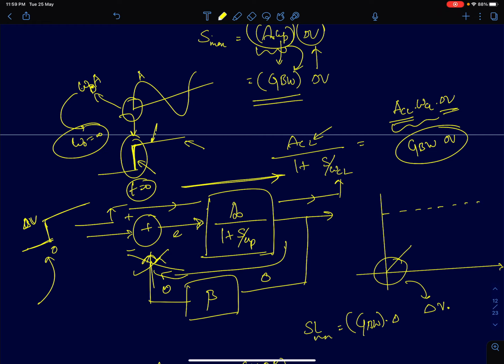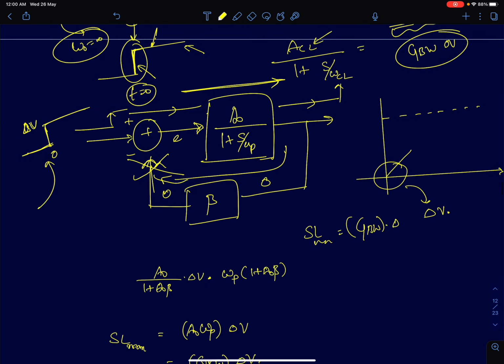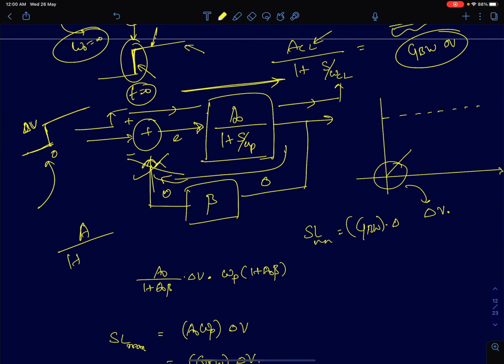So even though there is feedback, it's of no use, because the loop gain A beta is so small that A by 1 plus A beta approximates A of S itself. That's why for sudden inputs, the output of a closed loop, or negative feedback, amplifier will look very similar to an open loop, or forward path, amplifier.